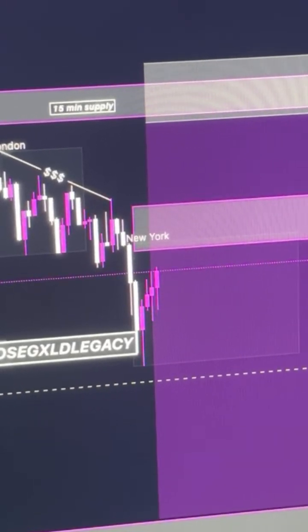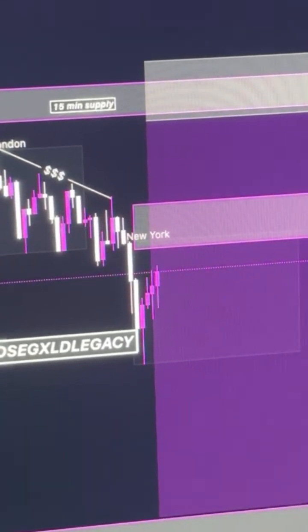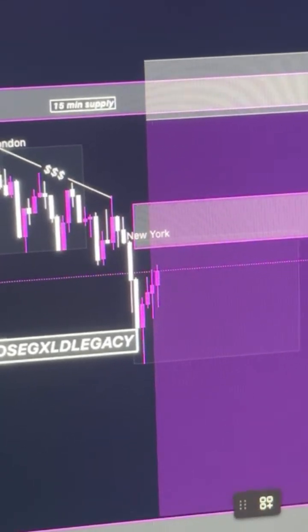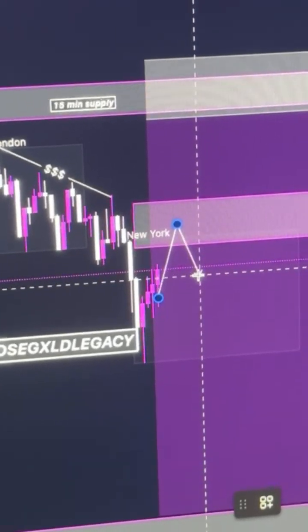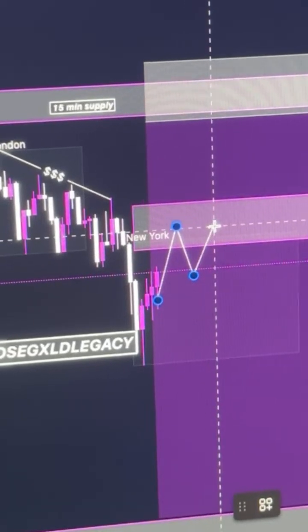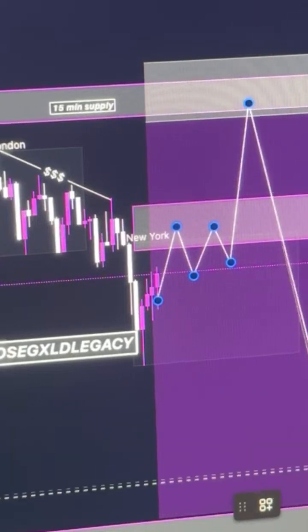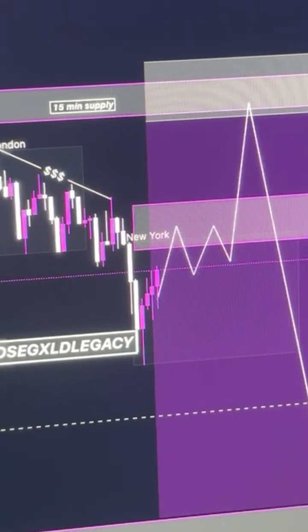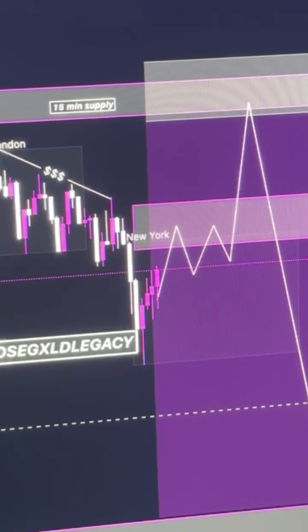The thing is, I definitely want to see gold react from this zone. Mark it out on the screen. That's exactly what I want to see.